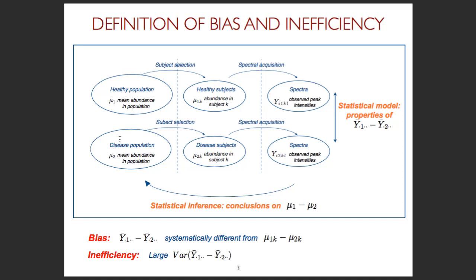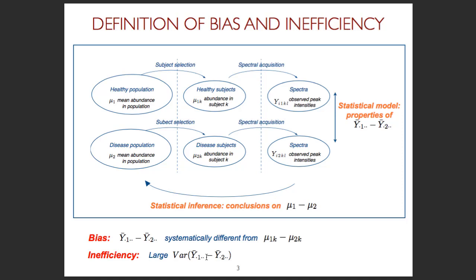There are many reasons why this uncertainty can be large. The natural abundance of proteins can be quite variable between individuals, and then it's hard to make conclusions about the underlying populations. But another very common reason is the small sample size.